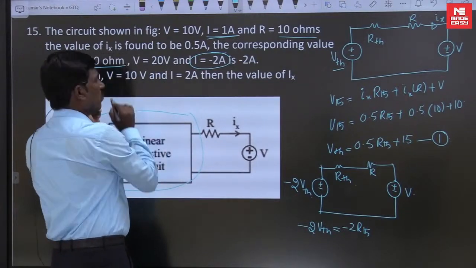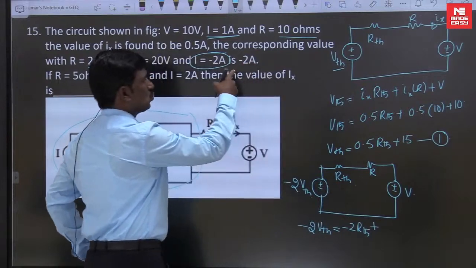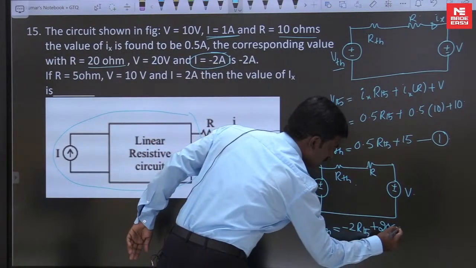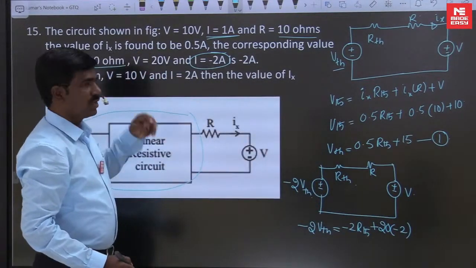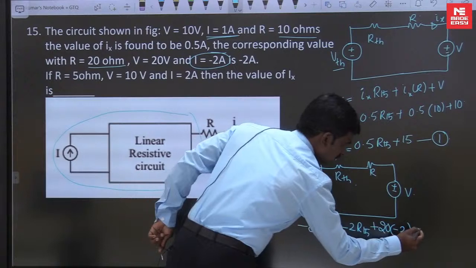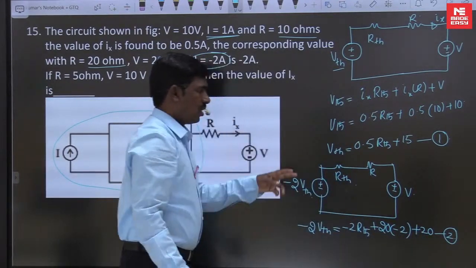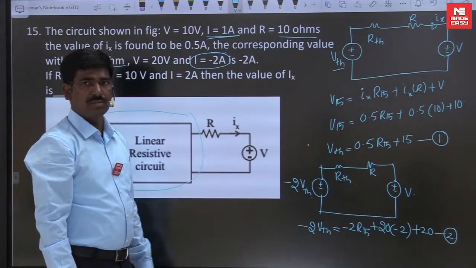R is equal to 20 ohms, plus 20 into -2, the current is -2. V value is how much? 20 volts. This is the second equation. Solve 1 and 2 to get VTH and RTH.